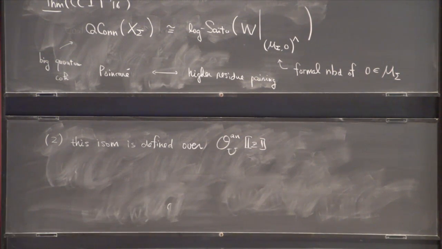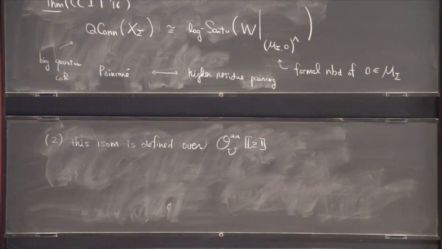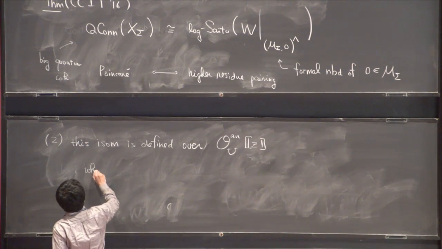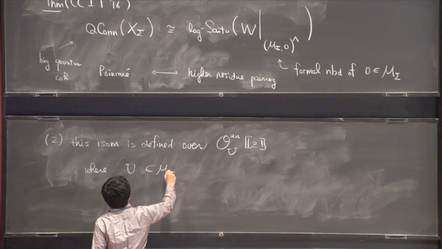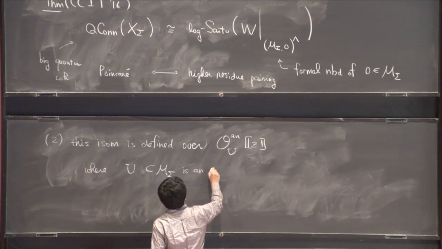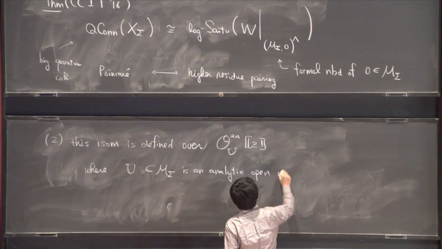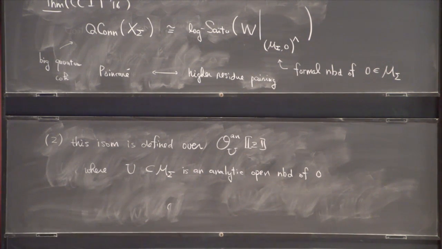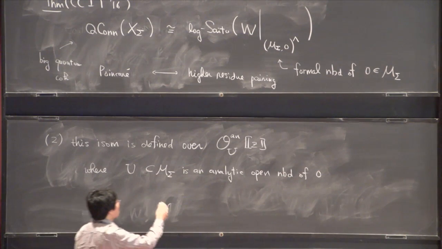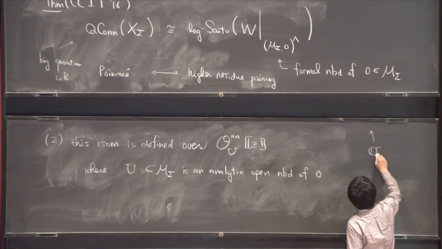This is a little bit of a tricky point, where U is an analytic open neighborhood of 0 of the large radius limit point. So in the above theorem, we are working over a ring like this.